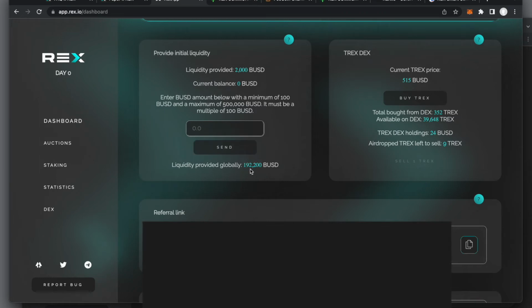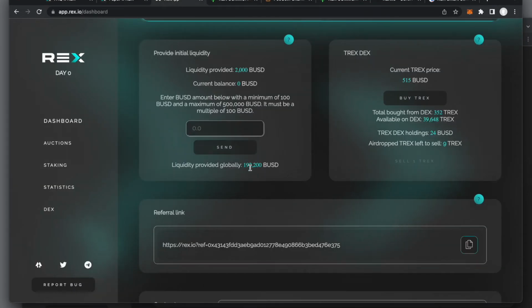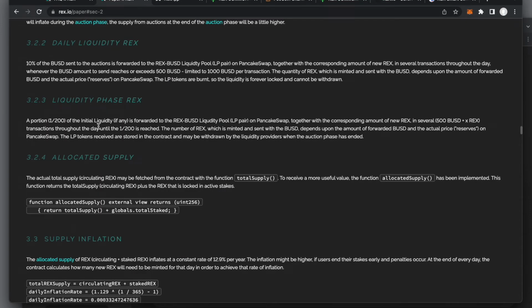And everything that remains at this point, that would be 92.2K, will be split into 200 parts, and every day for 200 days this will happen. So 1/200th of that excess initial liquidity, anything over 100K by the end of the liquidity phase, will be paired with newly minted REX and sent into the contract.